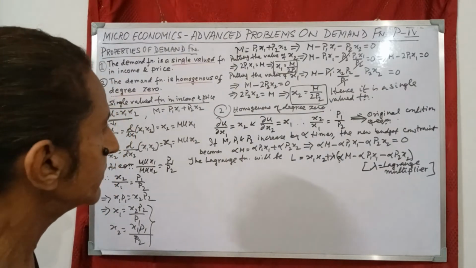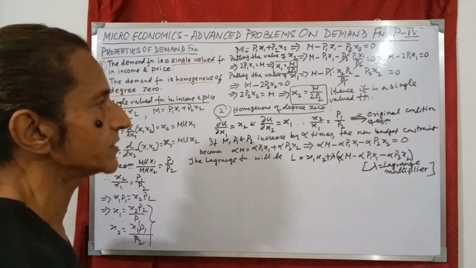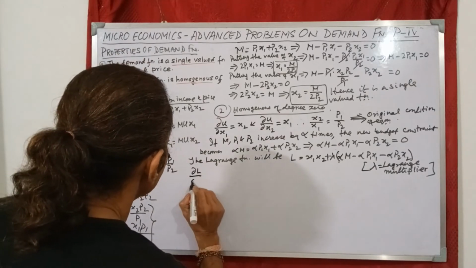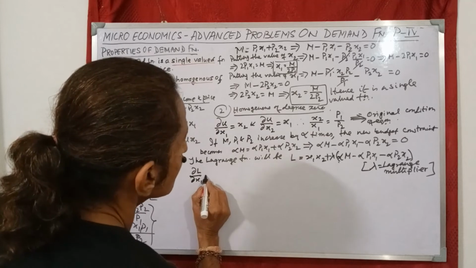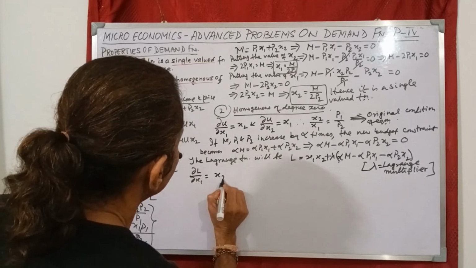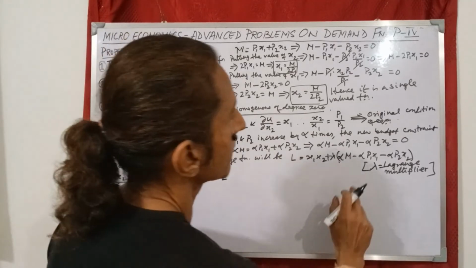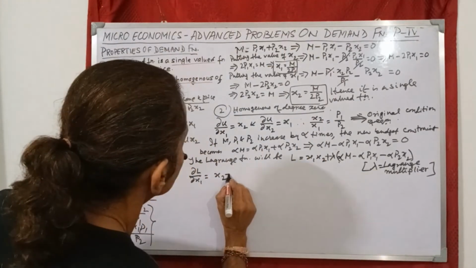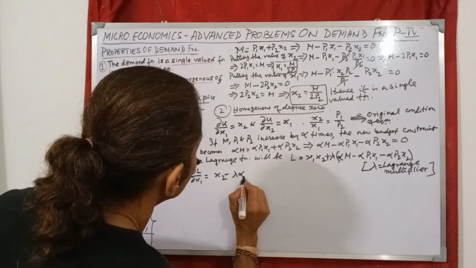Now we differentiate L with respect to x1. So del L by del x1 equals x2 minus lambda alpha p1.